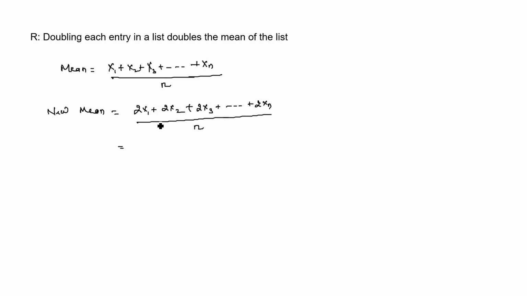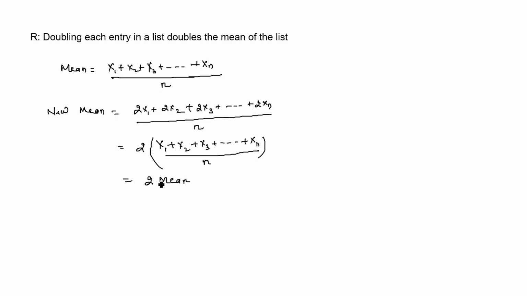If we take 2 as common, we can write x1 plus x2 plus x3 up to xn divided by n, which is nothing but the earlier mean. So it is 2 into mean.